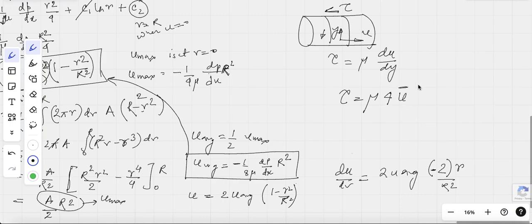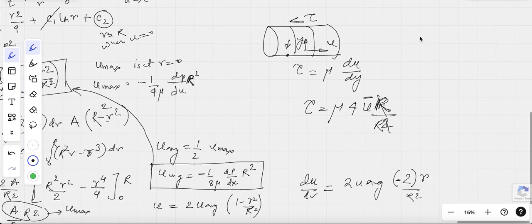U average, I'm writing it like this, r, but this r is at the wall, so small r equals to capital R, divided by R square, right? So tau is equals to 4 mu u average by R, right?